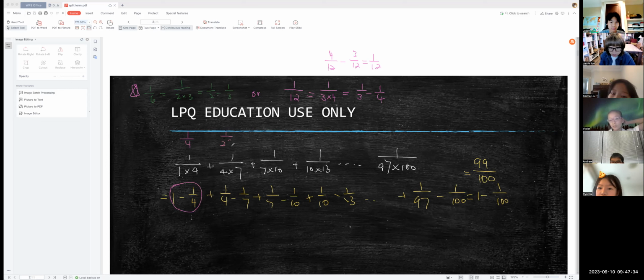So what do we do? Very easy. I add these up, but in the end, divide by 3. Correct? So I divide by 3, then that is the answer. So the answer is what? 33 over 100. Get it, everybody?